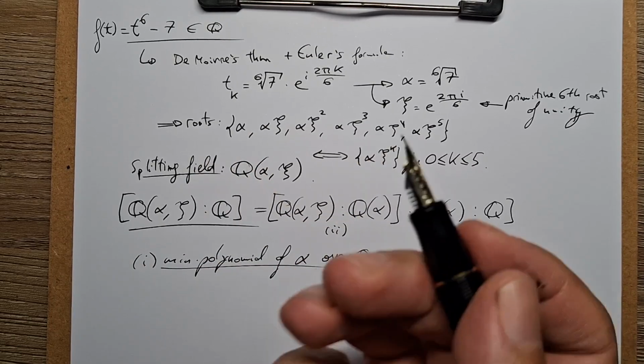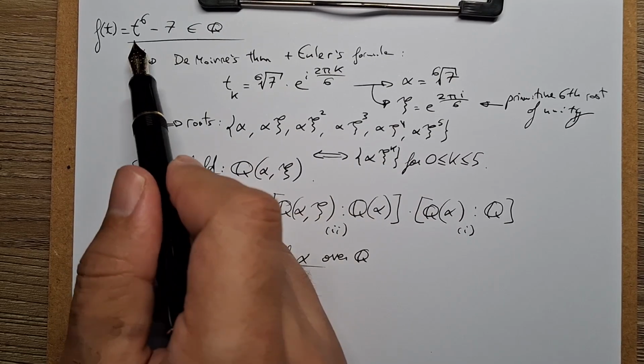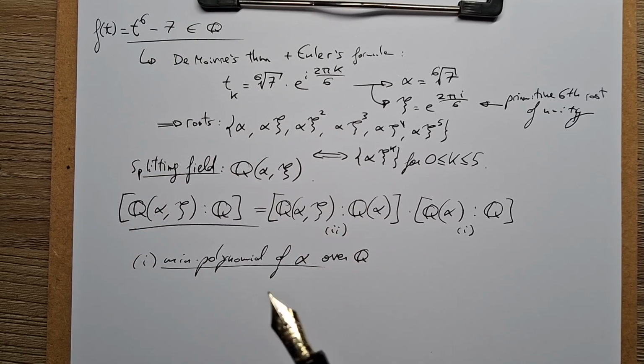Now the question that we need to answer is: is this polynomial irreducible over Q? Let's find out.